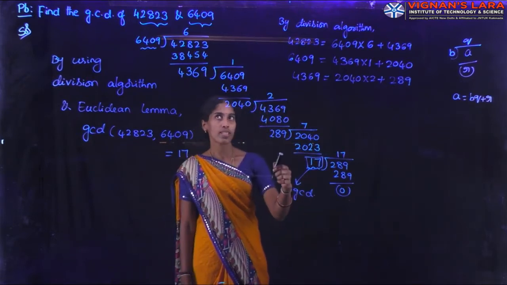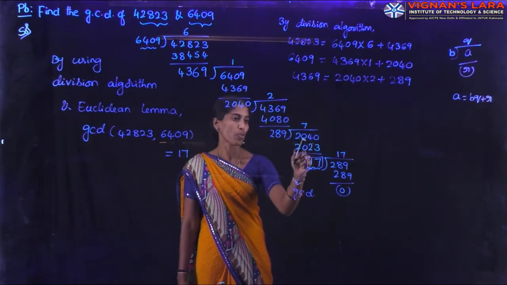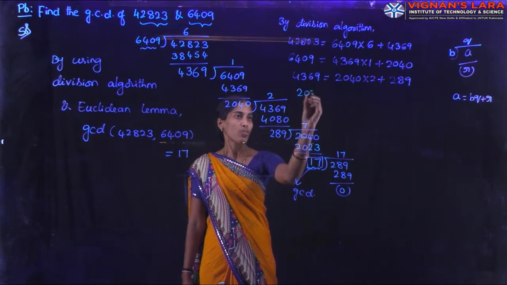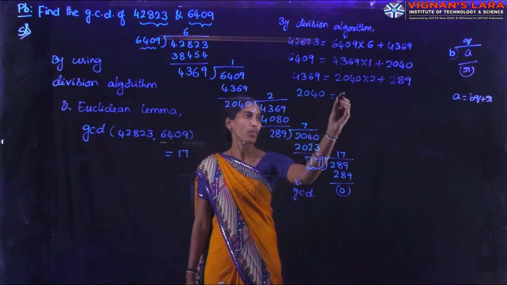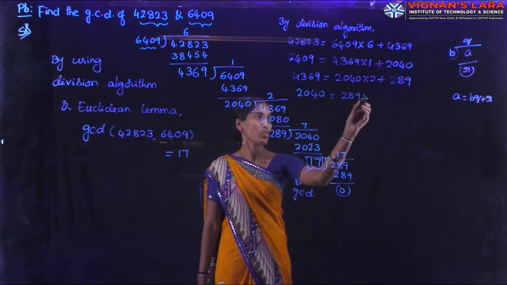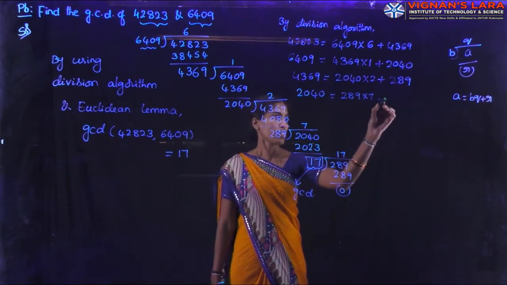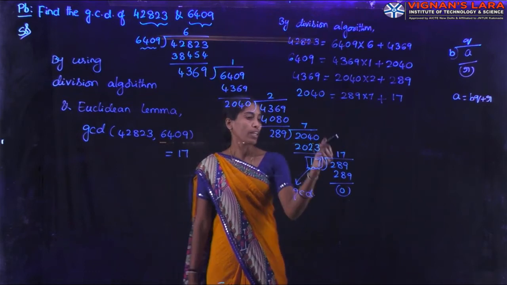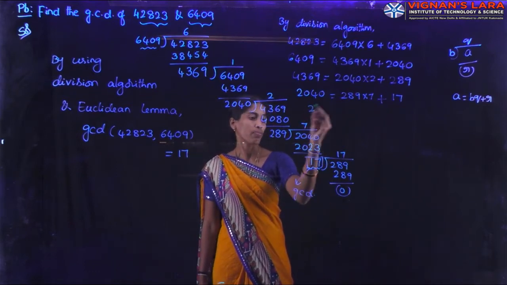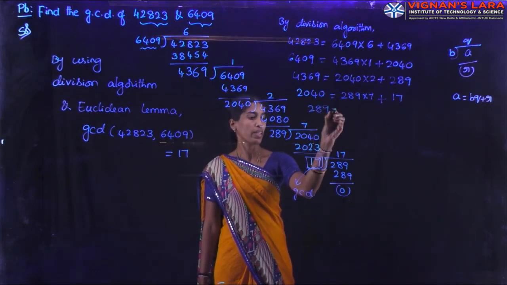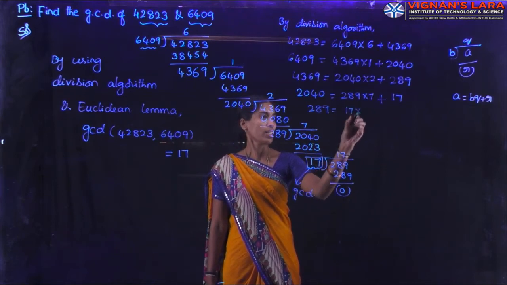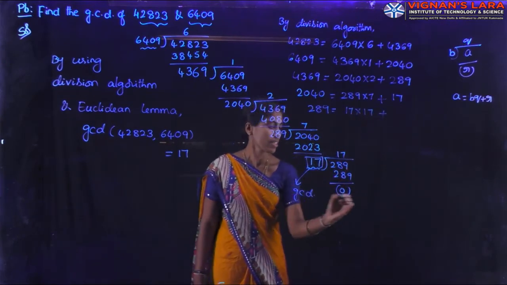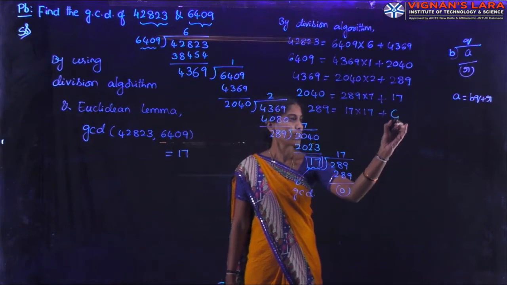Next, using the same division algorithm for this fourth step, we can write 2040 is equal to 289 into 7 plus 17, right? So finally, this divisor 289 can be written as 17 into 17 plus, in this case, what is the remainder? 0.